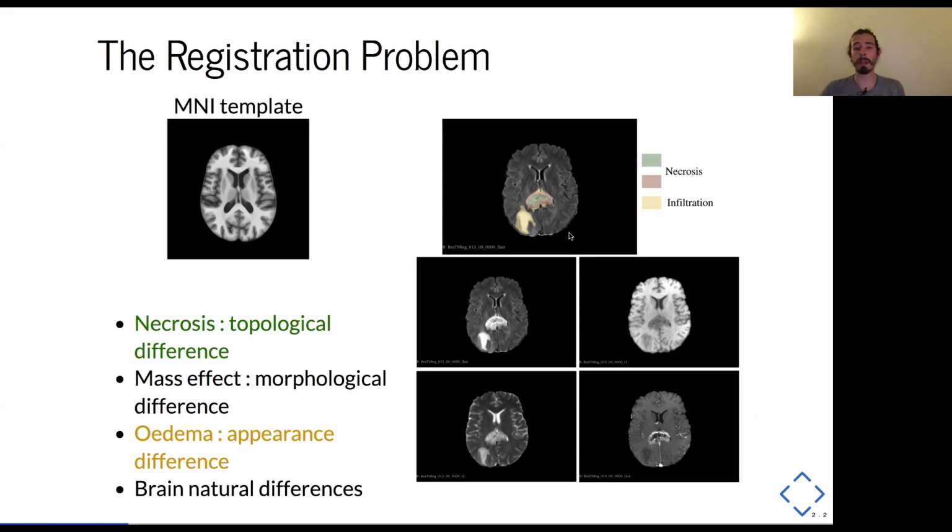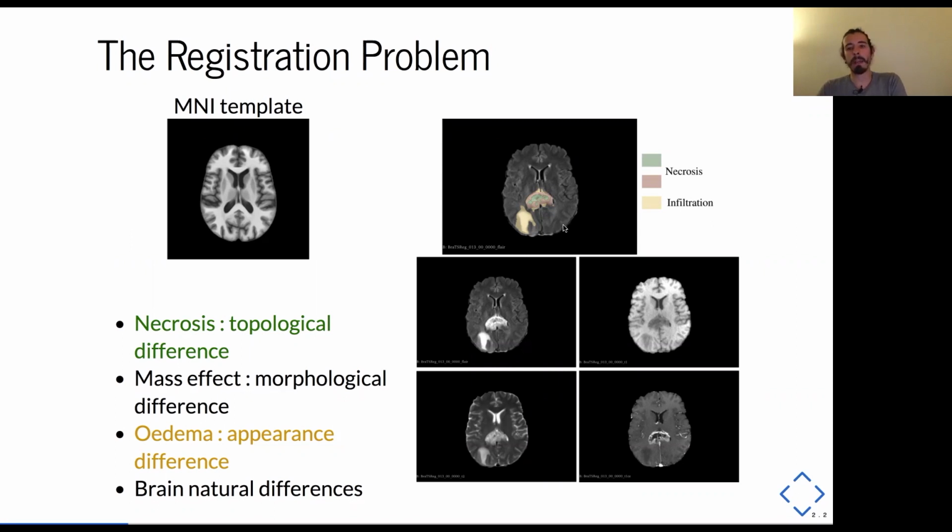And we are trying to match it with images which have a glioblastoma, and are composed of two parts. A first part, the necrosis, which is the heart of the cancer growing, and which will induce a topological difference in the image, and by growing it will push the surrounding tissues and induce a mass effect.